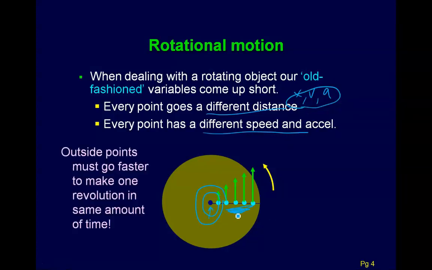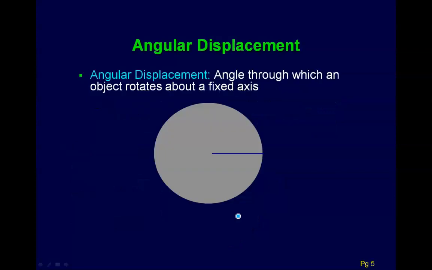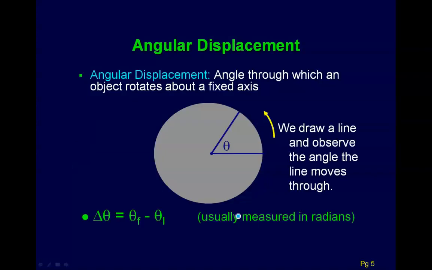And so what we did is we created a new angular rotational value, okay? Basically what that means is all these points are going to go through the same angle, the same amount of radians in the same amount of time. They're going to do the same number of revolutions in the same amount of time. And so we define the angular displacement, which is usually measured in radians.